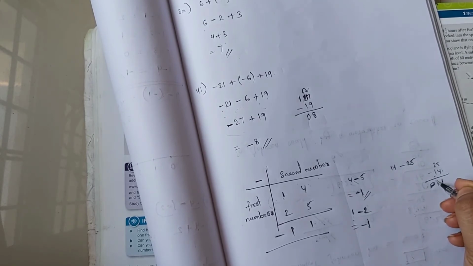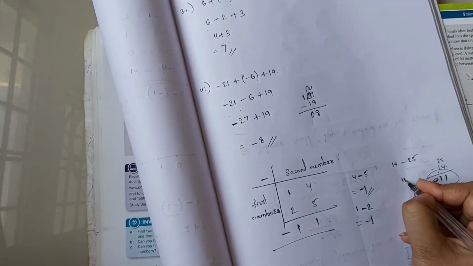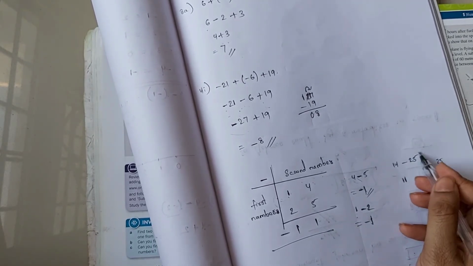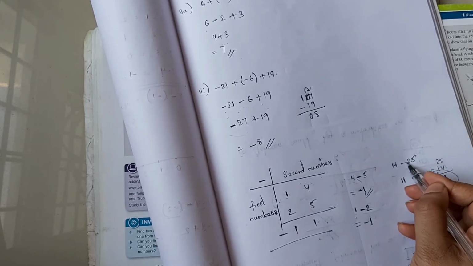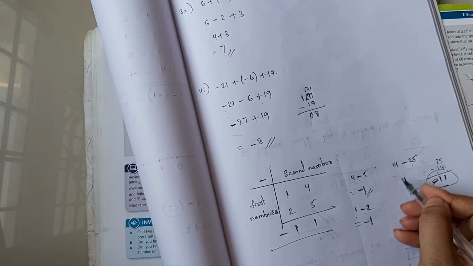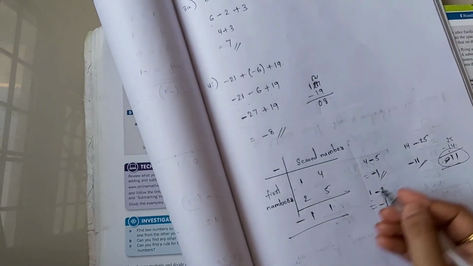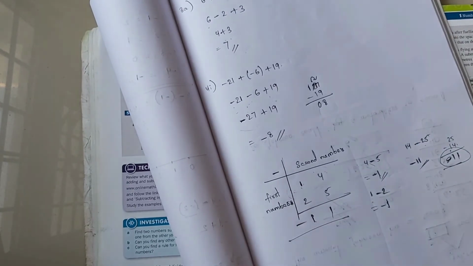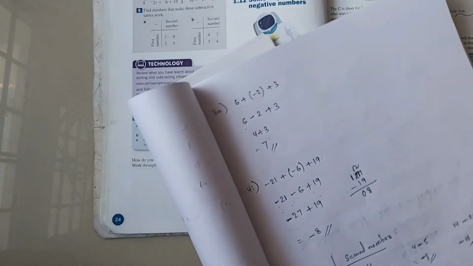The answer we got is 11. The answer will be 11, but the greater number we have here is 25, and it is a negative number. Since that is a negative number, our answer will also be a negative number. Okay, so that is why our answer is minus 11. Clear? Now let's do the second one.